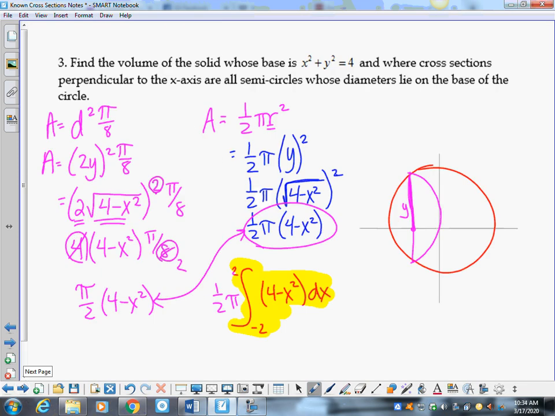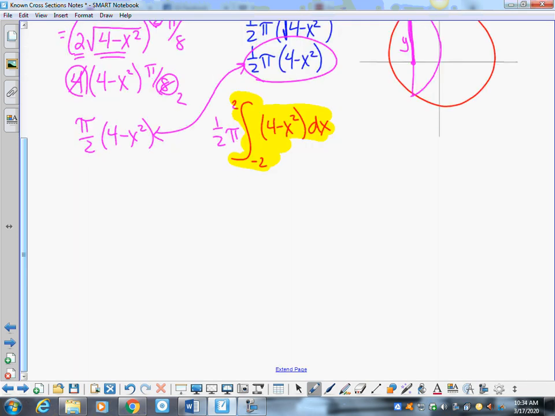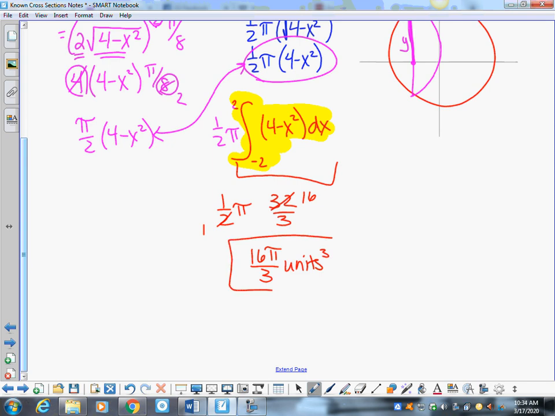So that means that this piece right here, I just have to multiply it by my extra and get 16 pi over 3 units cubed.